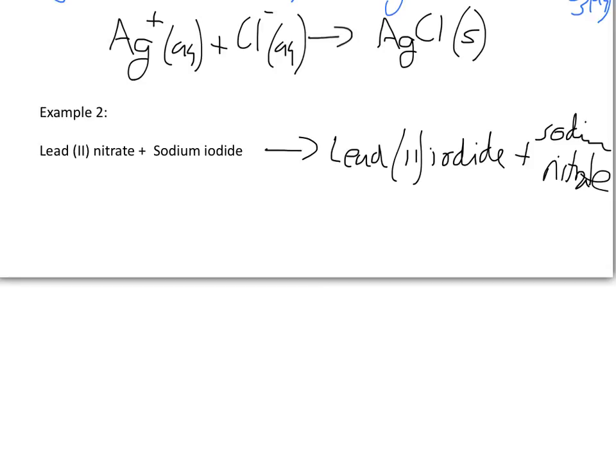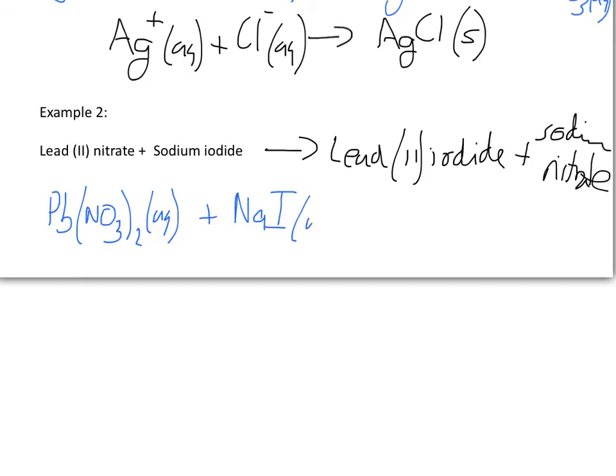And again we need to go through the process of writing a symbol equation and then an ionic equation. So our symbol equation, well, lead you can see has a valency of 2, nitrate has a valency of 1, so we're going to require 1 lead and 2 nitrates because we swap the valencies over. They're dissolved in water. Sodium and iodide, well, they both have a valency of 1, so it's NaI, aqueous.